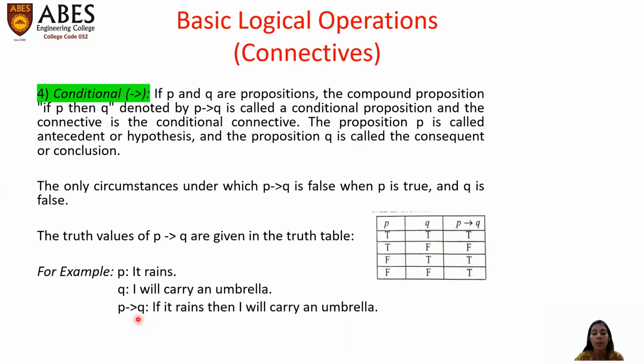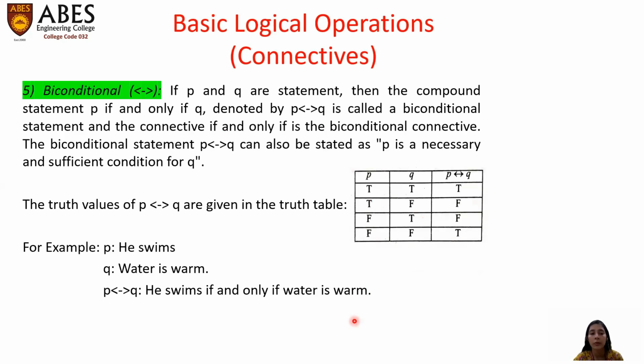In that case the compound proposition that will be formed is: if it rains then I will carry an umbrella. As I have discussed earlier, the conditional connective will be read as if P then Q. So here, if it rains then Q, I will carry an umbrella. So this is the fourth connective.